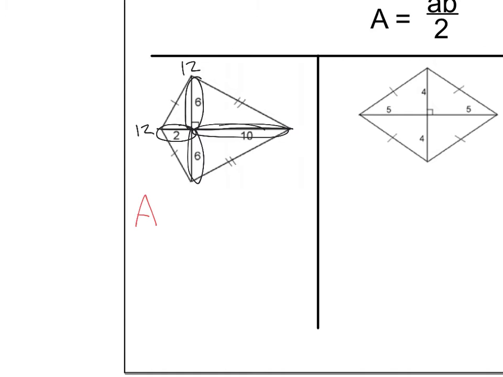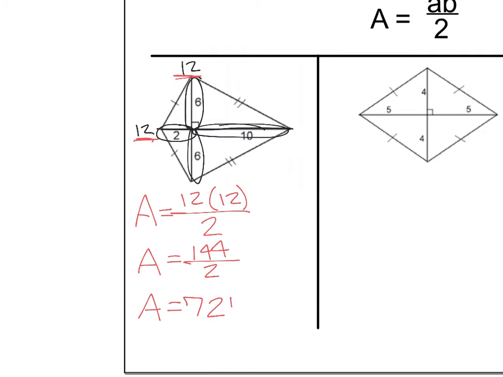So to find my area here, I take that 12 times our other 12, and I'm going to divide by 2. So I'll get 144 divided by 2, and that will give me 72. And that's my area of this kite here.